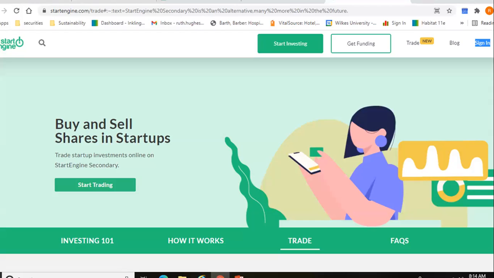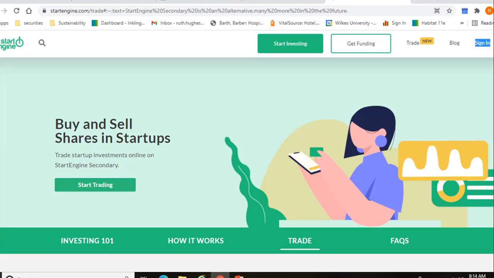They are a registered alternative trading system. They are using blockchain technology, and they're eventually moving towards buying and selling shares both in their own crowdfunding issuers and their Reg A issuers. Now, one thing to note right now, Start Engine is talking about only having the platform for their own issuers.